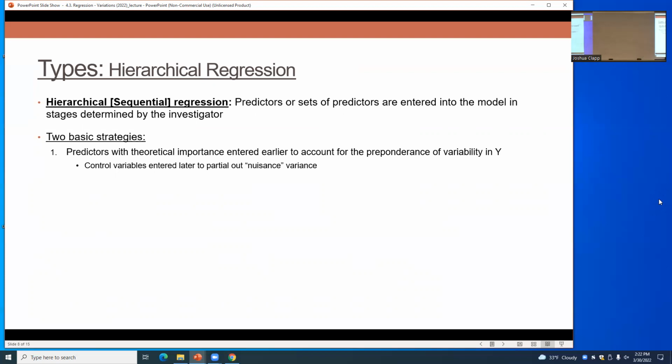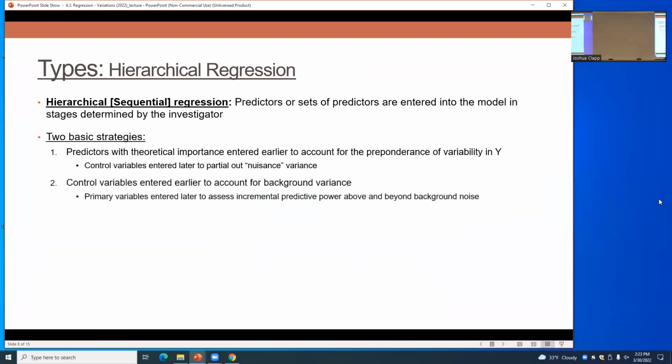The idea is to say, here's all our important stuff. We put this in, look at this model, and then in the next step we throw in alternative explanations, other nuisance variables, things that people generally control for, other variables that are important in accounting for our outcome. We layer those in the second step and see what that does to our model. So this is a step-forward type of approach.